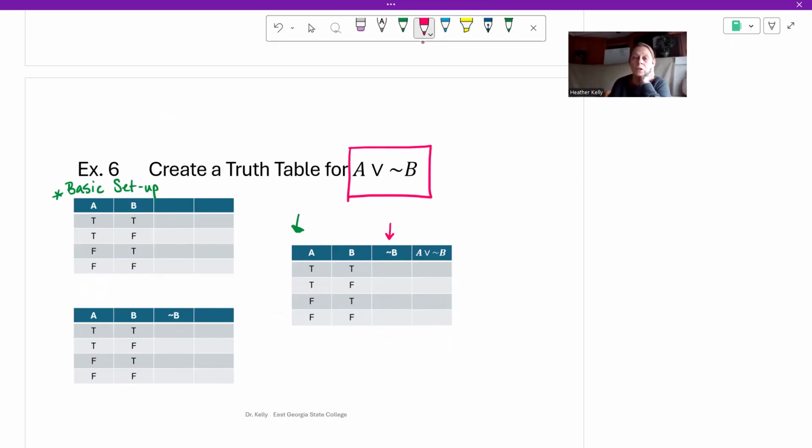So the first thing I'm going to do is find not B. Now, how do I find not B? Well, not means you change whatever the outcome is. So if B is true, then not B is false. If B is false, then not B is true. If B is true, not B is false.